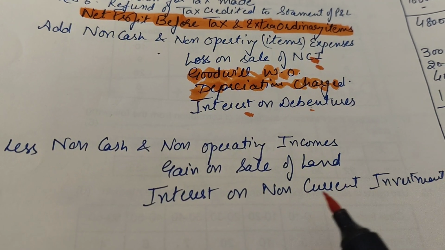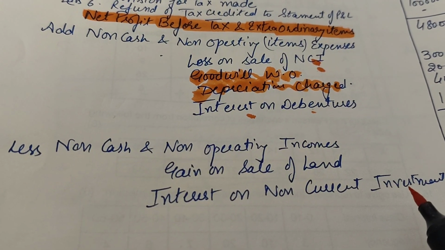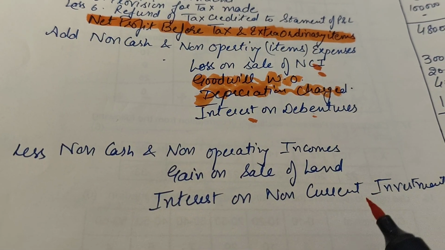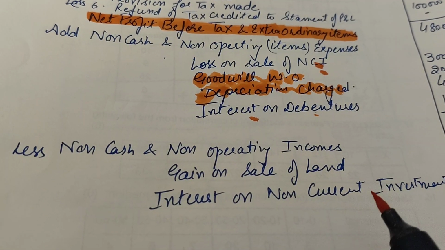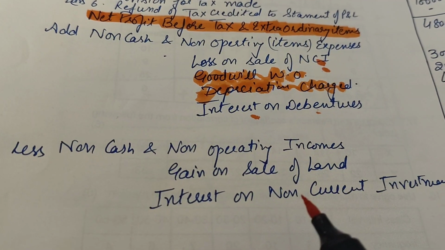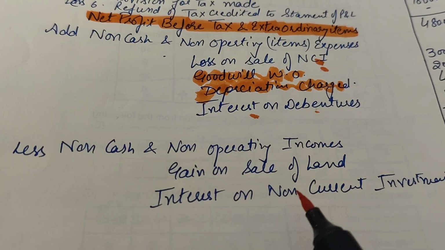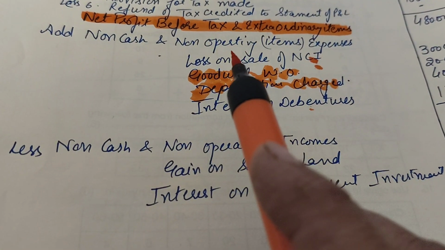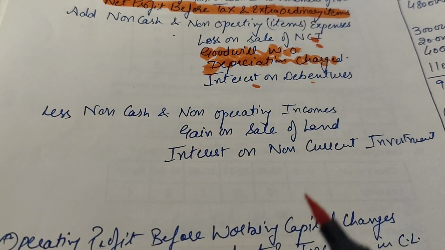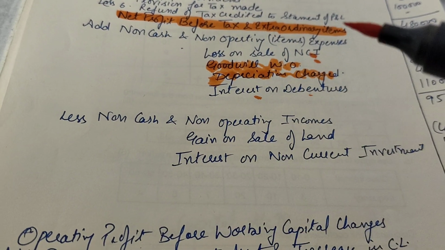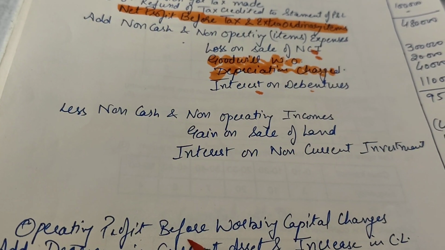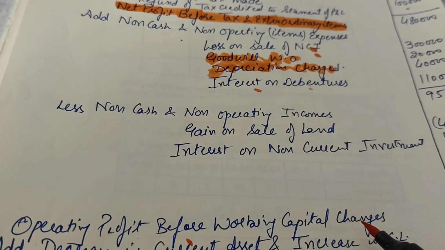The same is true if any interest is received on any of your non-current investment. That is again a non-operating income, so it should be deducted from your net profit before tax to calculate your cash flow from operating activities. After making these changes, we get operating profit before working capital changes.